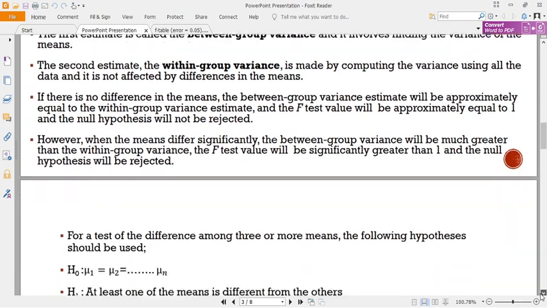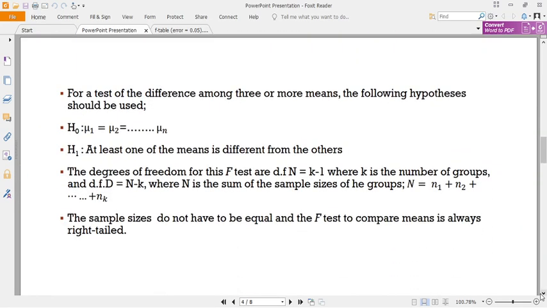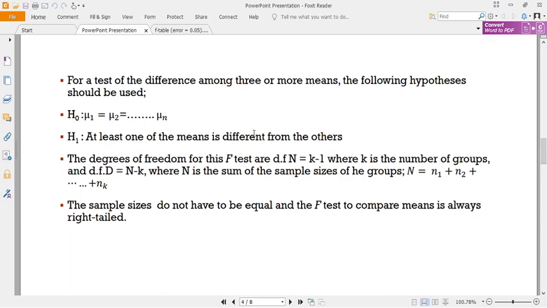In that case the null hypothesis will be rejected. Like in the previous tests, here the null hypothesis is that the means are equal, and the alternative is that at least one of the means is different.